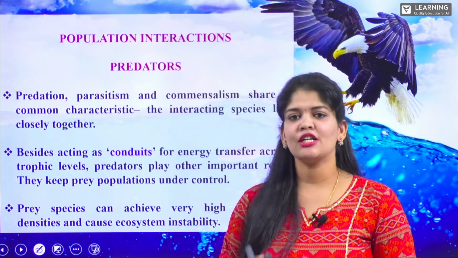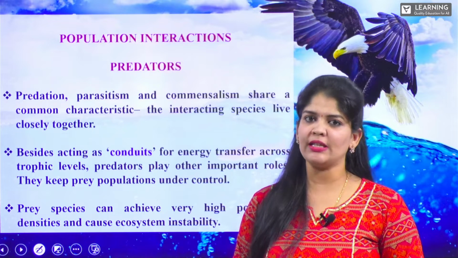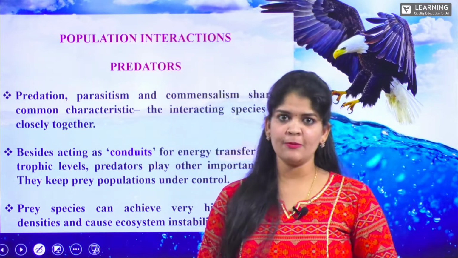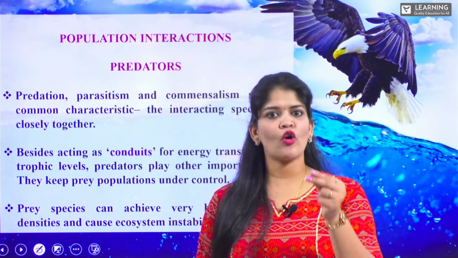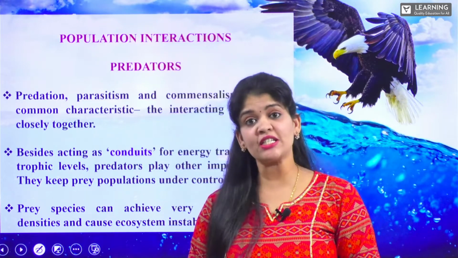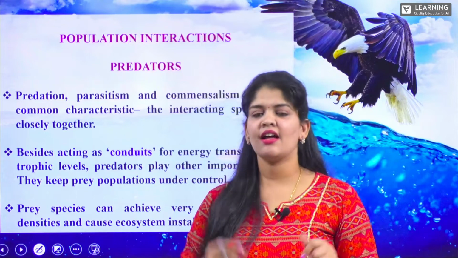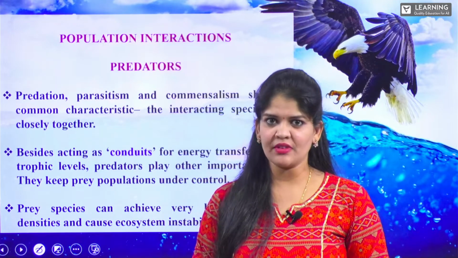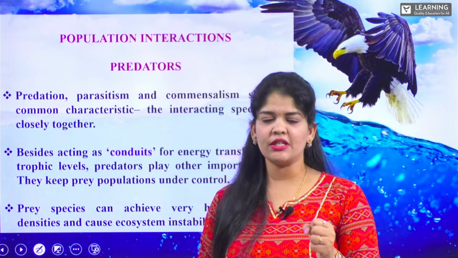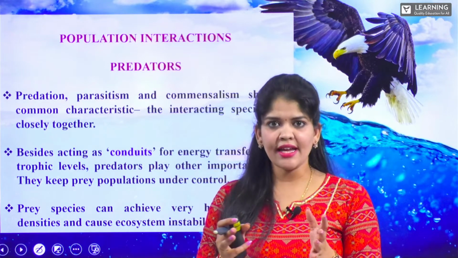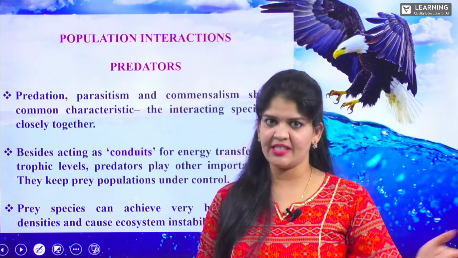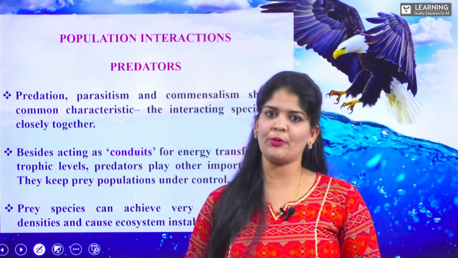Today, let's discuss one of the important interactions, and that is predation. In predation, we find the existence of two interacting species. What are they? One is the predator and the other one is the prey. If you think of predation, we can connect it with tiger and deer, where the tiger is a predator and the deer is a prey.